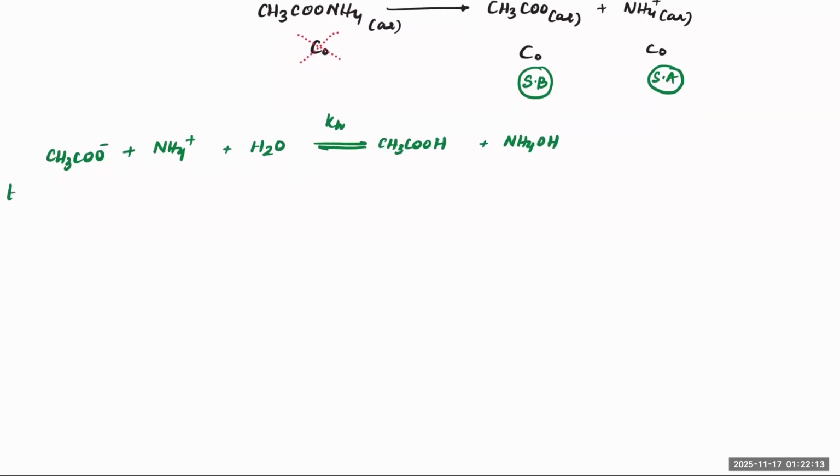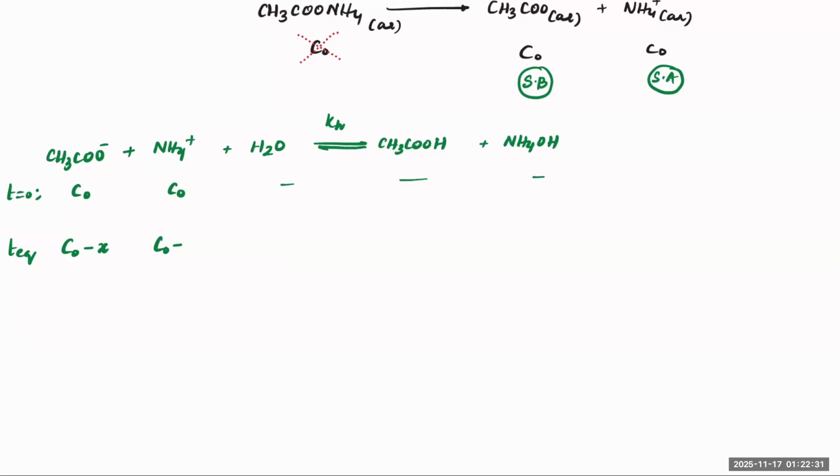And initially, if you notice the concentration, this is C naught, this is C naught, and nothing was formed. At equilibrium, now this will be C naught minus X, C naught minus X. Now, this is the important part that we are taking as an assumption.